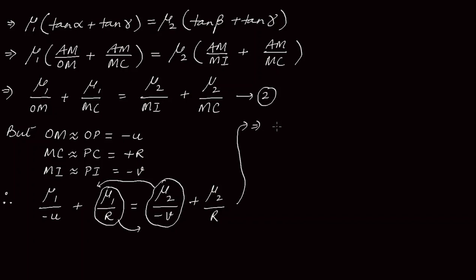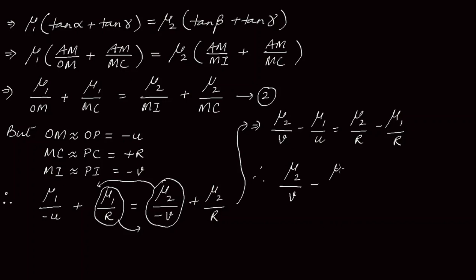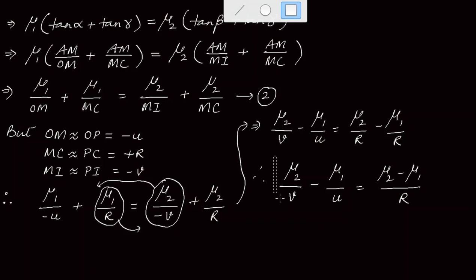So I get mu2 by v minus mu1 by u is equal to mu2 by R minus mu1 by R. Therefore, mu2 by v minus mu1 by u is equal to (mu2 minus mu1) by R. This is the required expression.